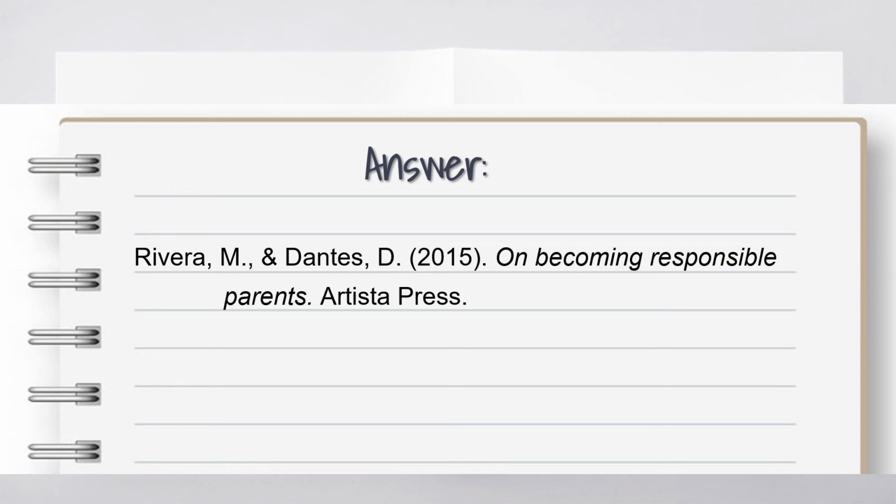It should be italicized, okay? And then we have capitalized the first letter of the word On. And then period, and then the name of the publisher, which is Artista Press. Also, take note, the second line should also be indented. It should be indented, the second line. Who got it correct? Okay, very good for those who got it correct.